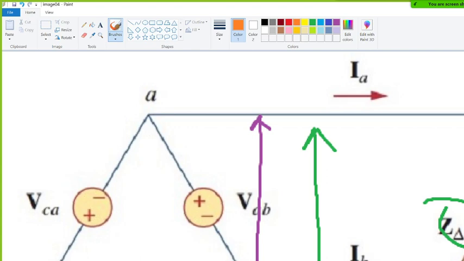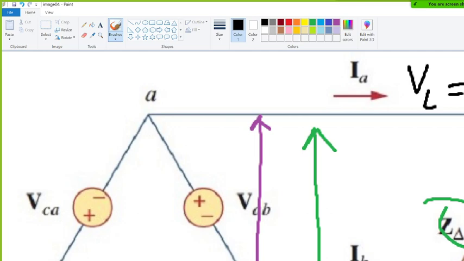Are they same? The greens, the purples and the oranges? Right? So, for delta connection, can we conclude this? What is confusing?